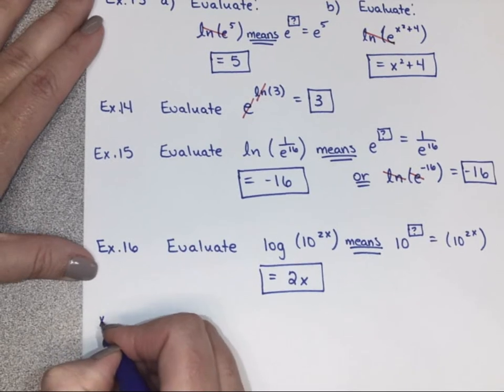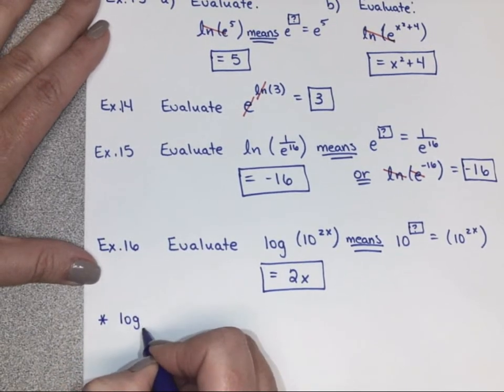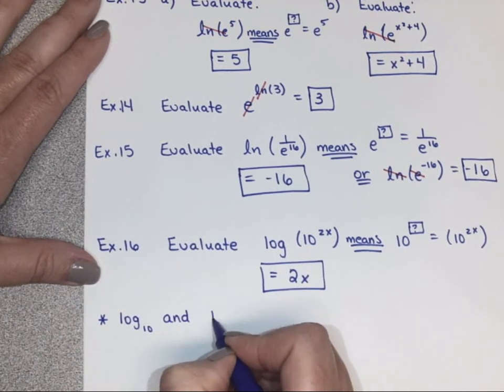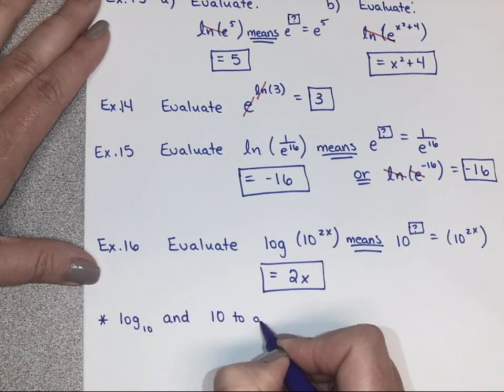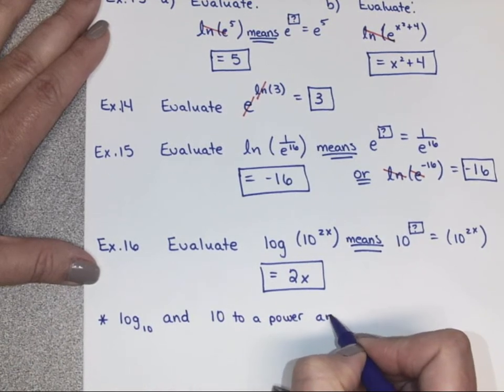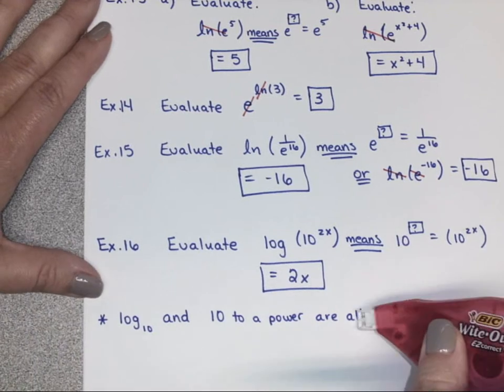So just like ln and e cancel each other out, log base 10 and 10 raised to a power are also inverses, and they also cancel each other out.